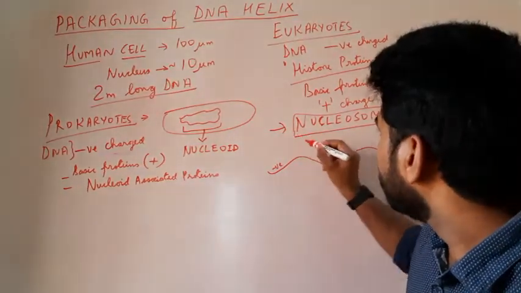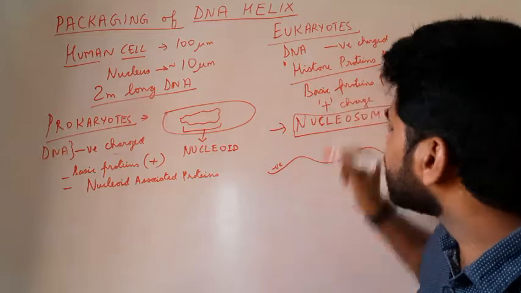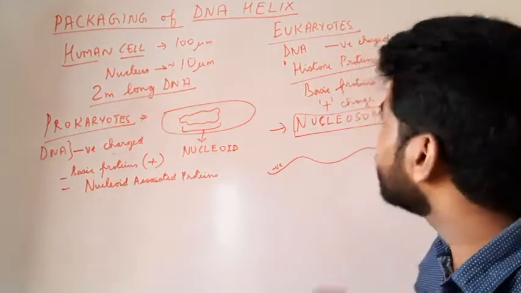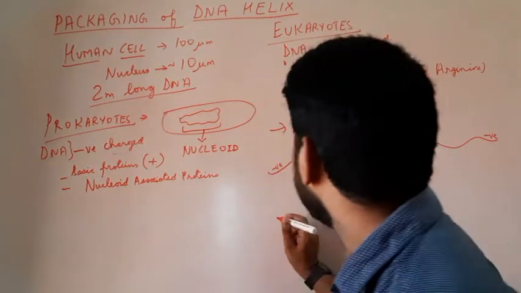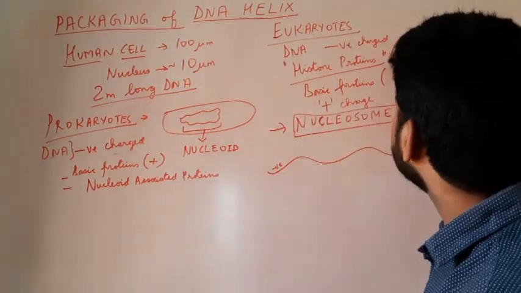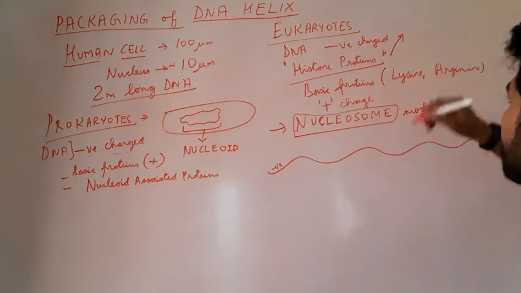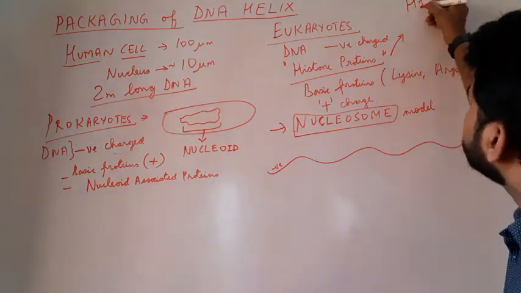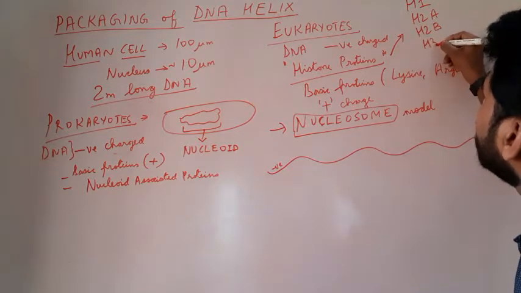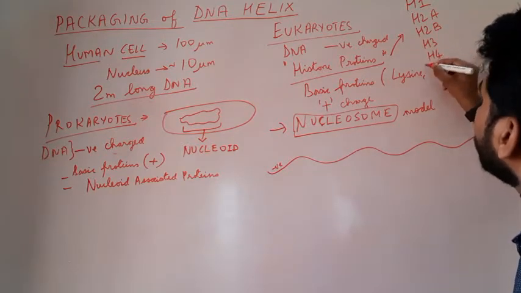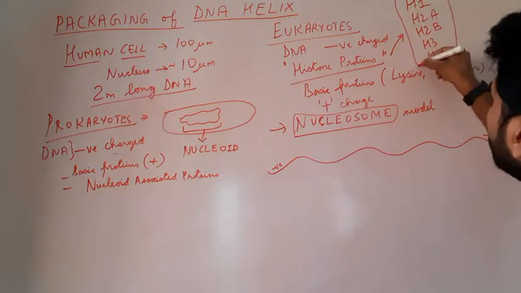Now, the positively charged histone proteins are of 5 types. So, histone proteins are H1, H2A, H2B, H3 and H4.